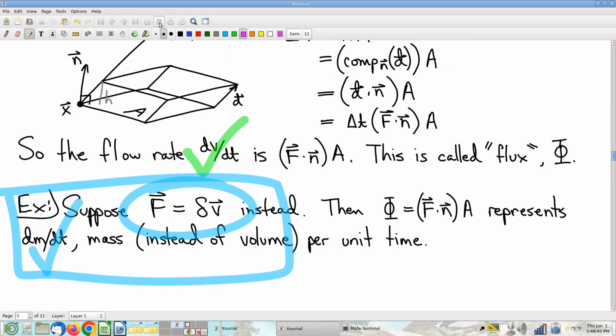My vector field represents mass per unit volume times the velocity of the fluid that's moving. And this is how you have to understand a vector field to represent a fluid if the thing that you want to compute is mass per unit time. Okay. Yeah. Okay. Cool. All right.